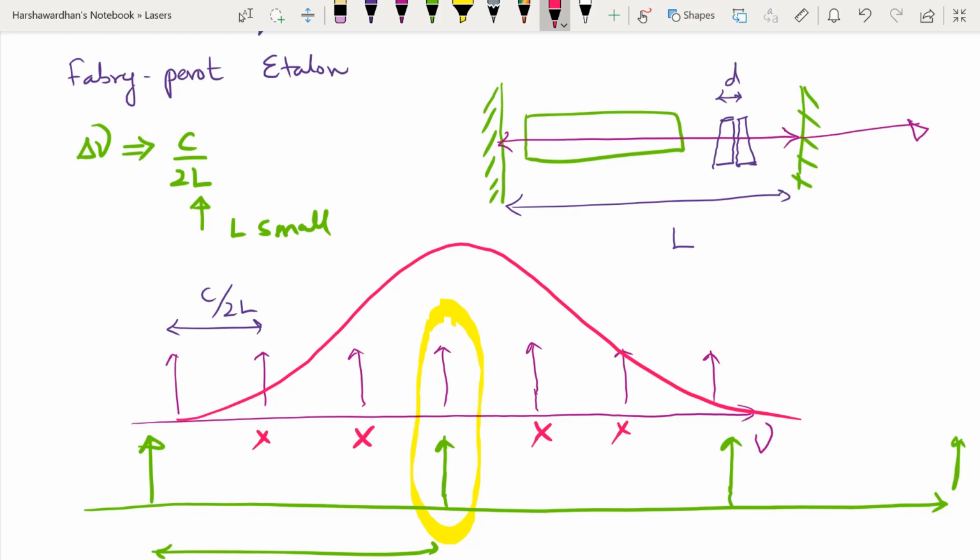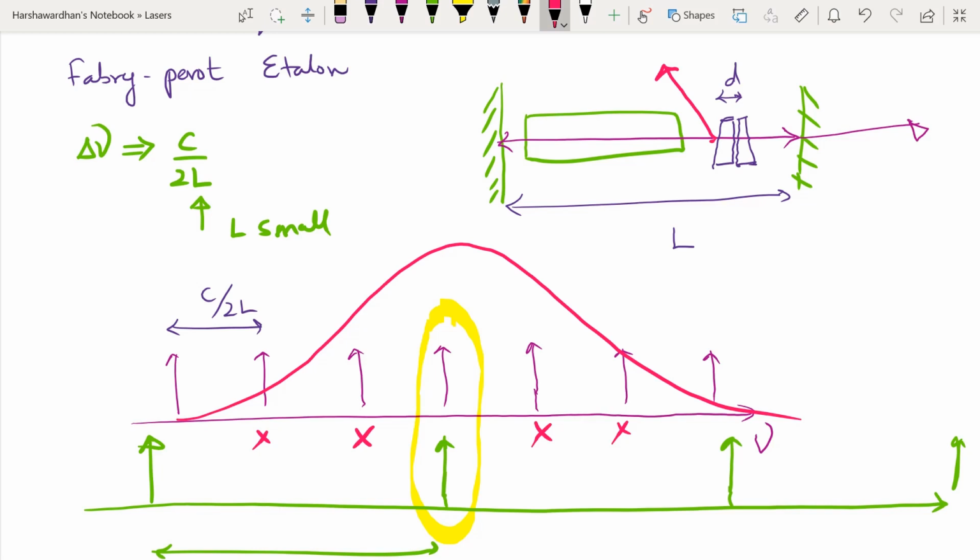Simply speaking, these other modes are going to get reflected off and not allowed within the Fabry-Perot, and hence one is able to select a single mode for such a laser, right? So this is a way of selecting a mode.